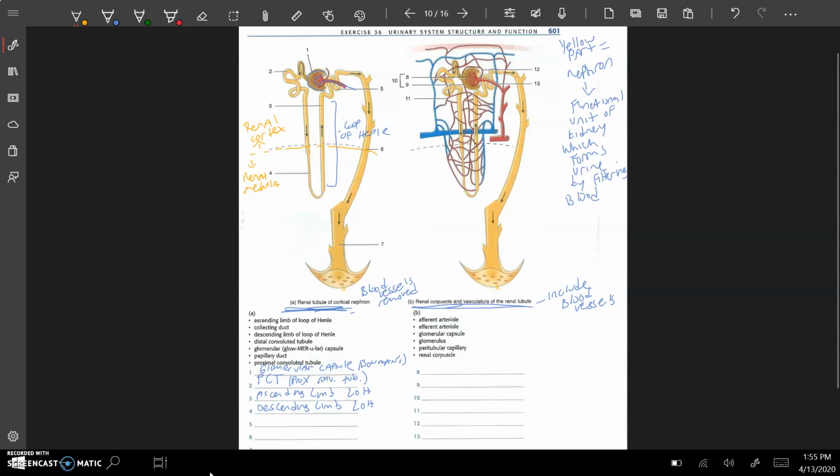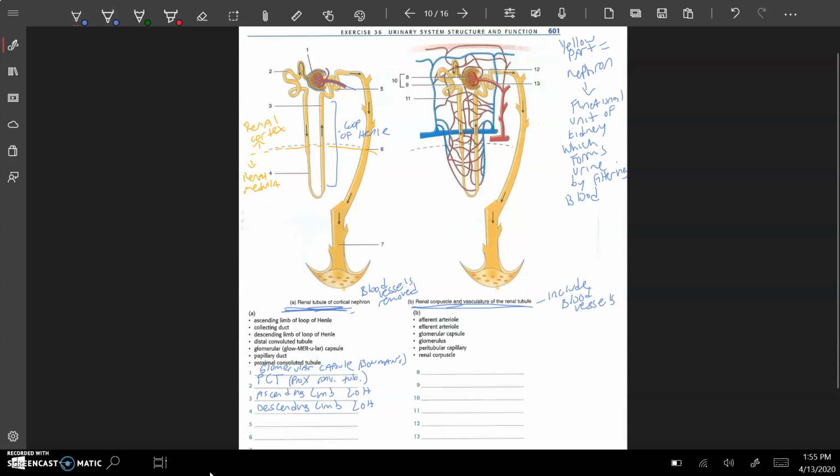If I were to ask you what structures are part of the renal cortex, you could tell me that the Bowman's capsule and the proximal convoluted tubule are, and then part of the loop of Henle is all in the cortex. The distal part of the loop is in the medulla.